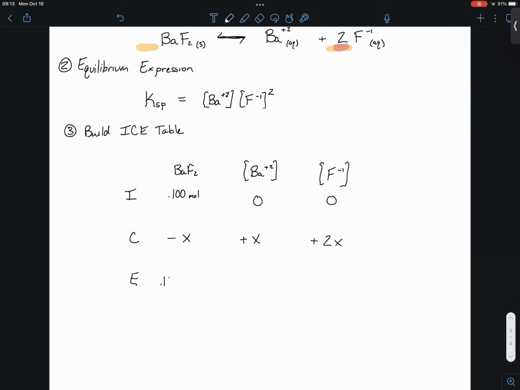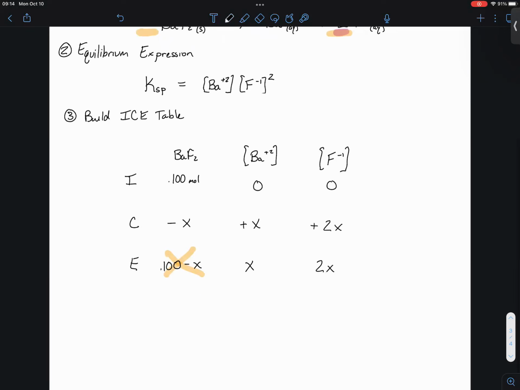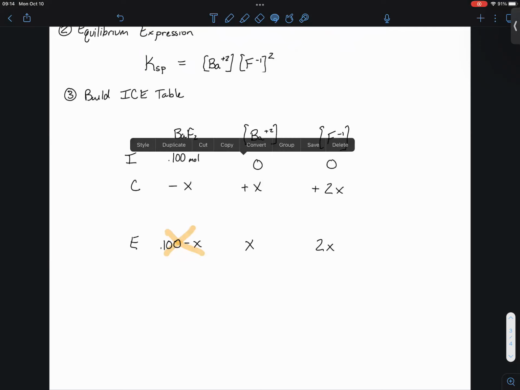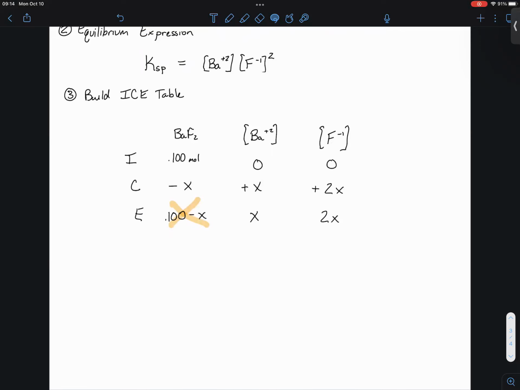So this is the 0.100 minus X, but again, this isn't even going to enter into our Ksp term. But the barium concentration is X and the fluoride concentration will be 2X. So then plugging this into my equilibrium expression, I'm going to scrunch this up just so I don't run out of room.